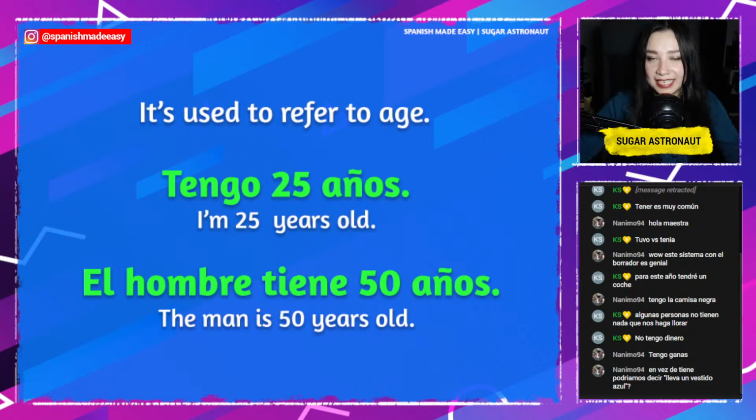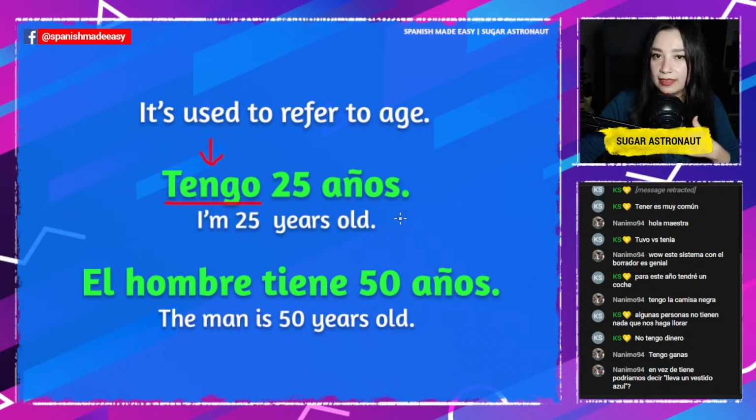Okay? Technically, when you're saying tengo 25 años, tengo 25 años, this means I'm 25 years old, okay? And you have to use tener in this situation. If you say yo soy or yo estoy 25 años, that makes no sense.